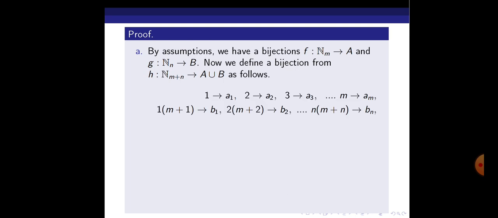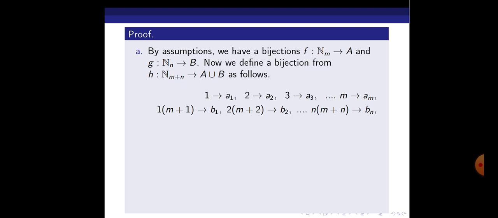So, for our convenience, we take the function f as mapping 1 onto a1, 2 onto a2, 3 onto a3, etc., m onto am, and the function g maps 1 onto b1, 2 onto b2, etc.